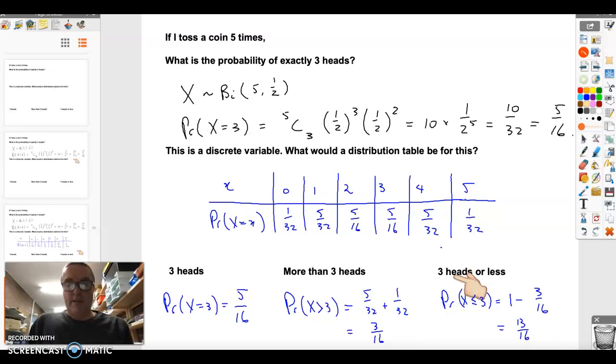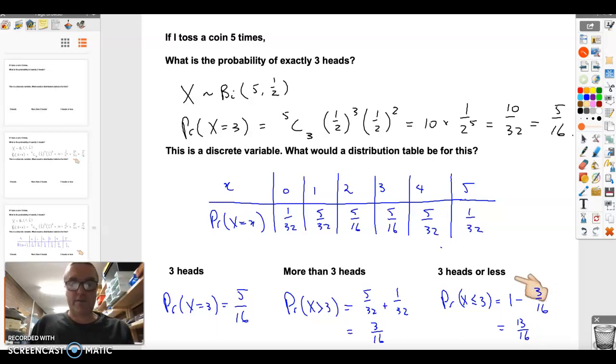I've recognised that more than 3 heads and 3 heads or less are actually complementary. Together they make up the entire distribution. So I've chosen to use that complement to help me calculate the answer to the third probability. So the probability that x is less than or equal to 3 is 1 minus the probability that x is greater than 3, and that gives us 13/16.